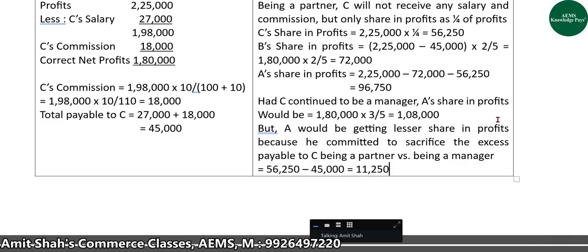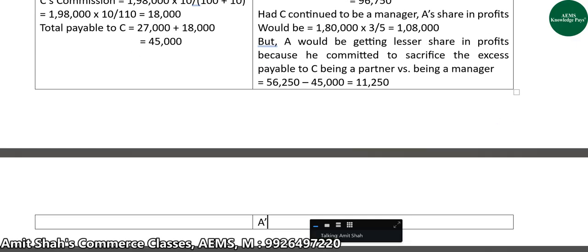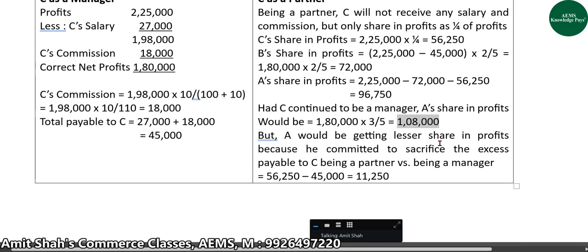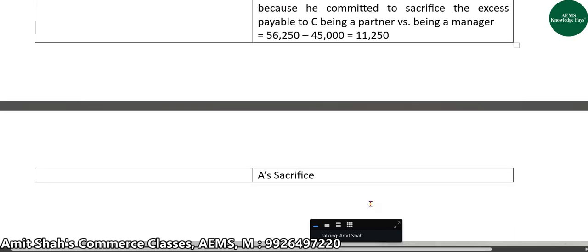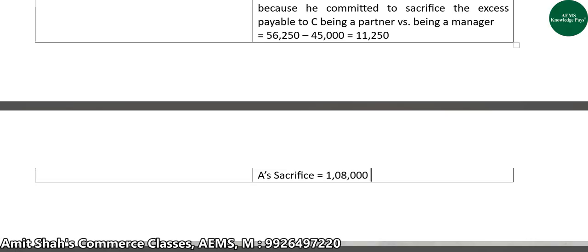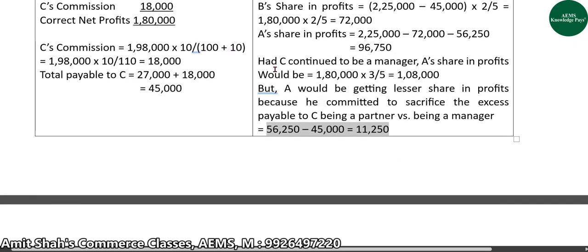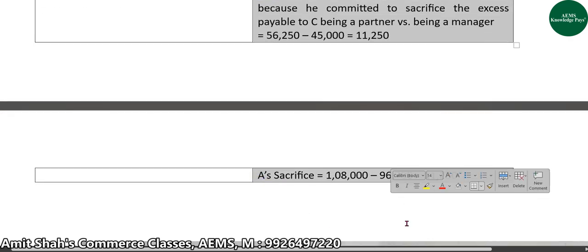So this much A is sacrificing. So A sacrifices how much? 1,08,000, which otherwise he would have got, minus 96,750. And that comes to 11,250, the same amount. This what I have written here is only for your understanding, guys. It is not part of the solution.